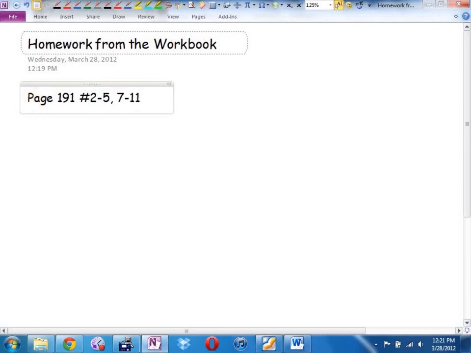11. 4, which is a numerical question suddenly.